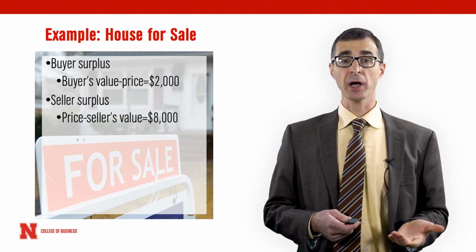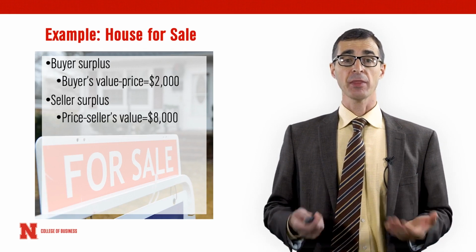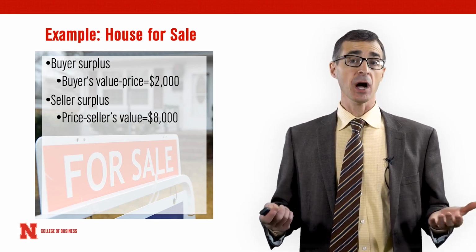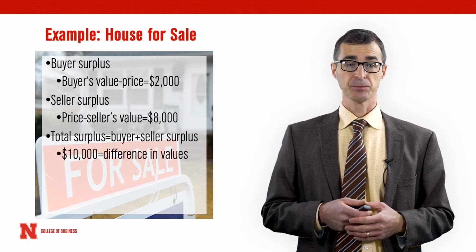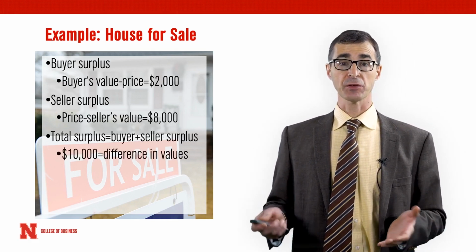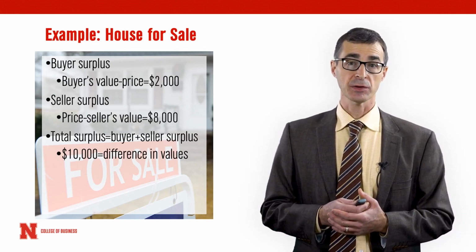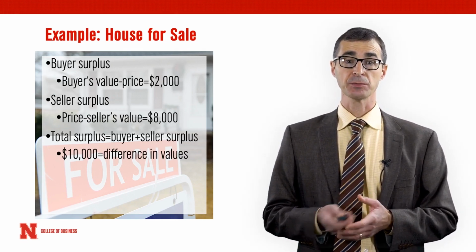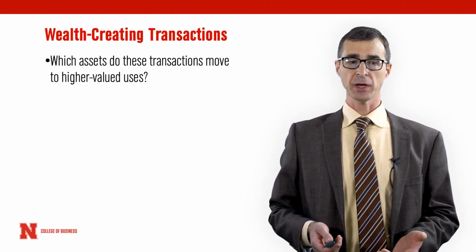We can see that both the buyer and the seller walk away from this transaction with a positive surplus, and therefore an economist would consider this to be a wealth-creating transaction. The total surplus here is the sum of each party's surplus, and as mentioned a moment ago, that total in this example is $10,000. Let's consider some examples of wealth-creating transactions.